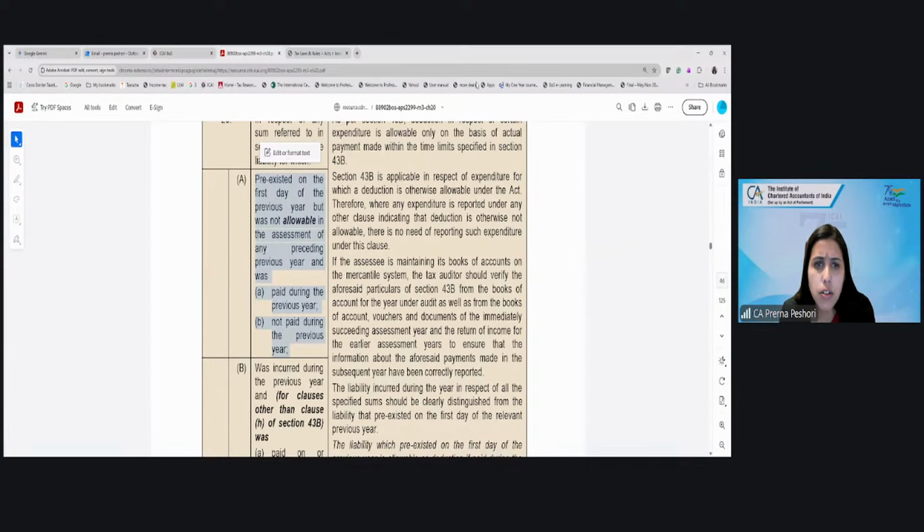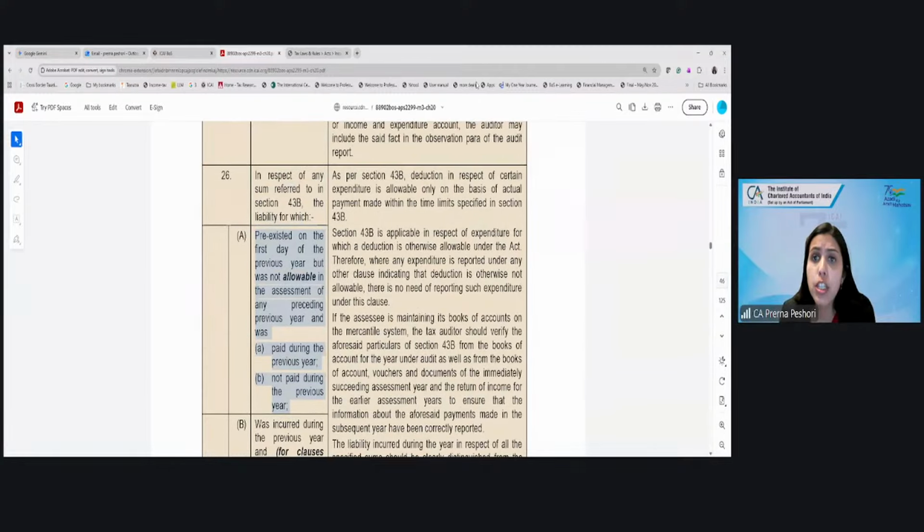No, this is not 10,000 in cash. That is 43BA. This is 43B, Sanjay. This is different. What is this?